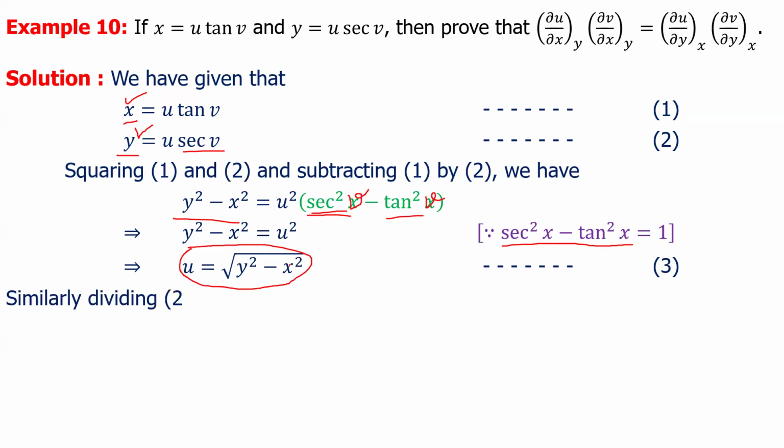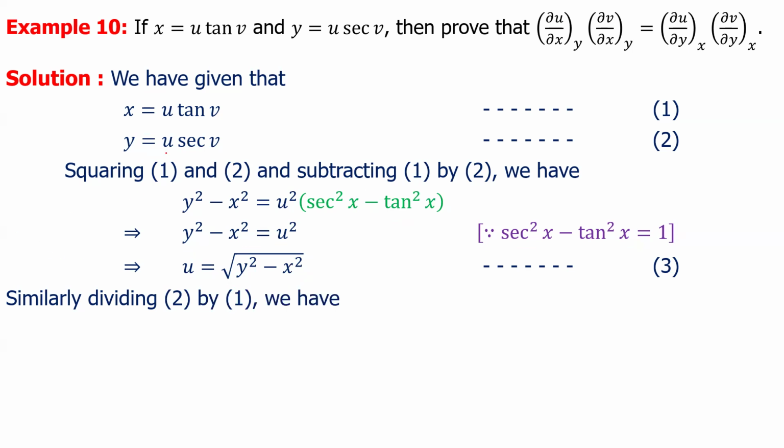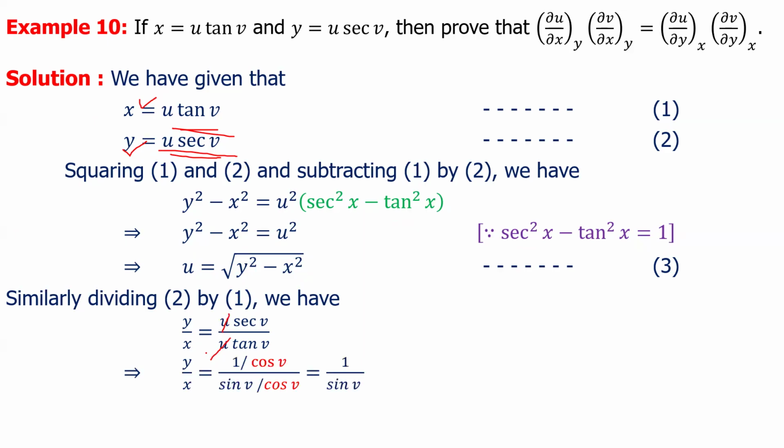Now similarly, dividing 2 by 1, what do we have? We have y by x, which is equal to u sec v upon u tan v. So this u and u will cancel. Sec v is nothing but 1 upon cos v, and tan v is nothing but sin v upon cos v. So this cos v will cancel and we have 1 upon sin v.